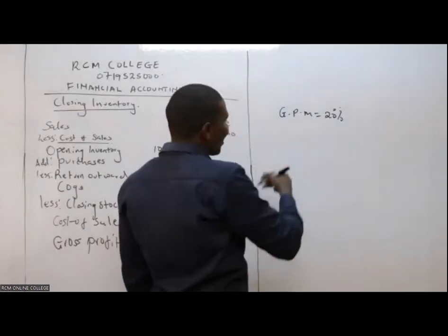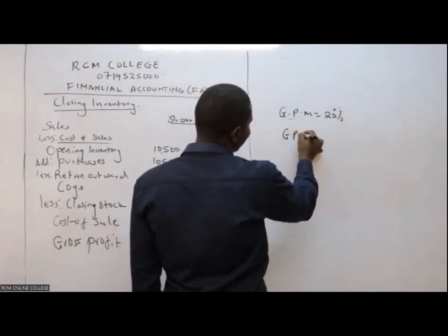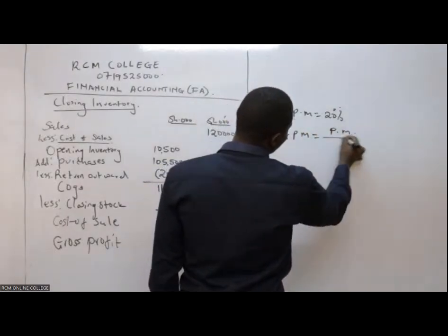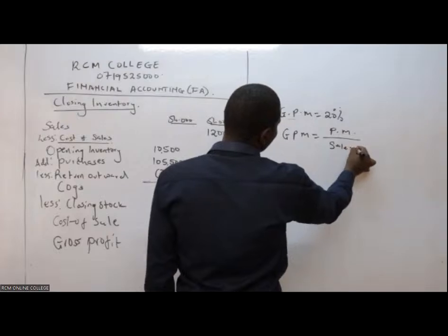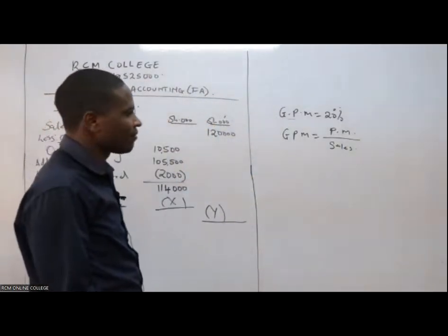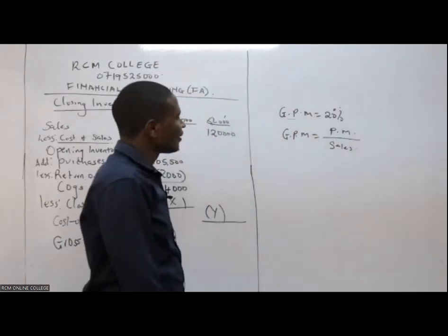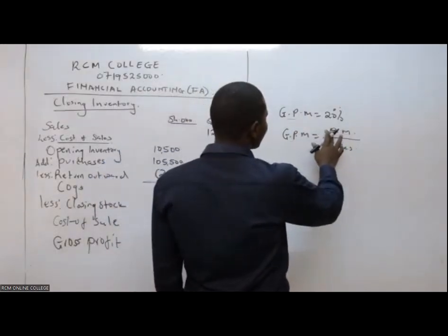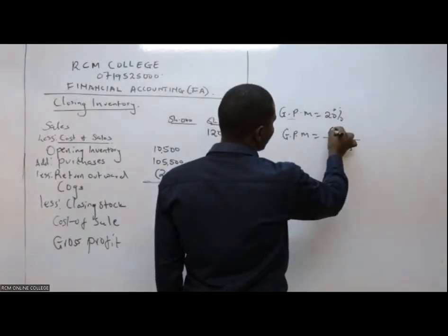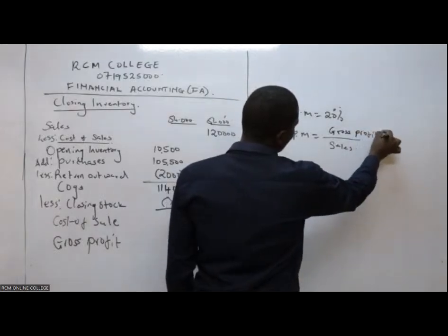Now, how do we get a gross profit margin? Gross profit margin is gotten by gross profit divided by sales.